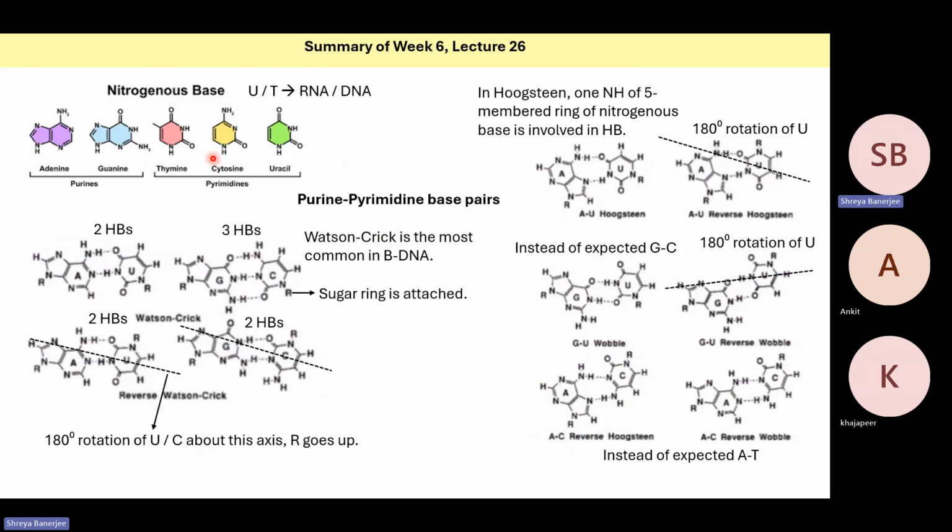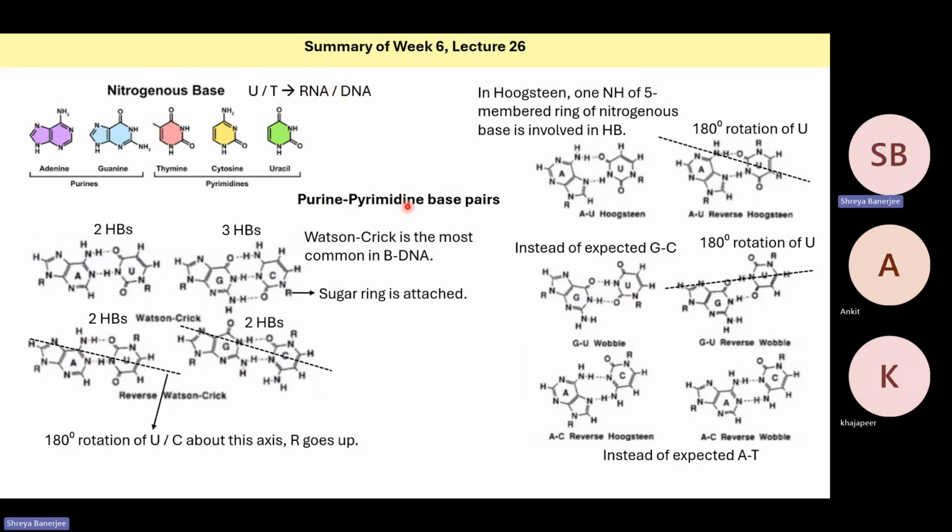Basically, for the nitrogenous bases, which we already went into in the previous class, you have the purines, adenine and guanine, formed of fused 5 and 6 membered rings. And you have the pyrimidines, which are 6 membered rings: thymine, cytosine, and uracil. We have already discussed that thymine and uracil are interchangeable. In RNA, it occurs as uracil, and in DNA, it occurs as thymine.